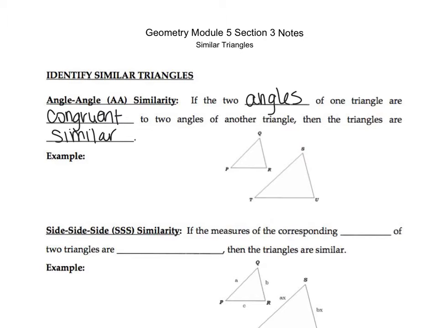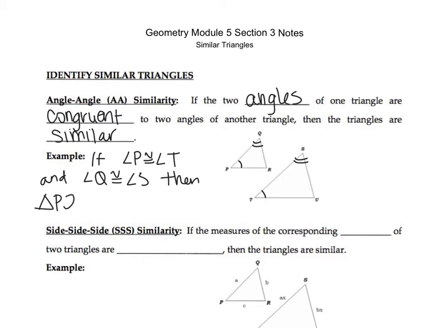So for example, if we have triangles PQR and TSU, and we know angle P is congruent to angle T, and angle Q is congruent to angle S, then we can say triangle PQR is similar to triangle TSU.